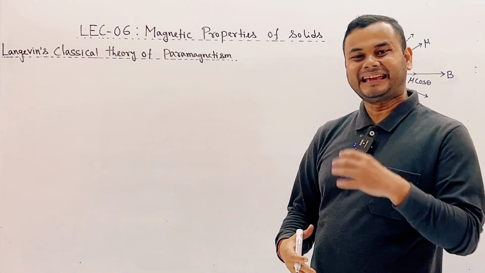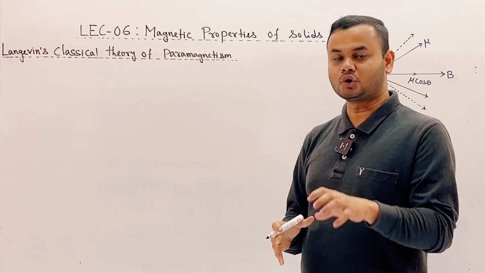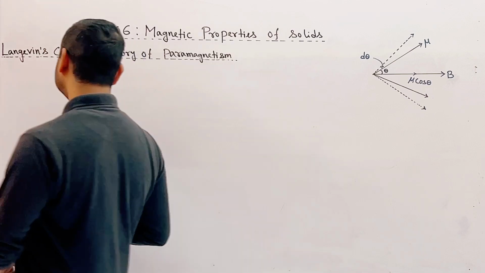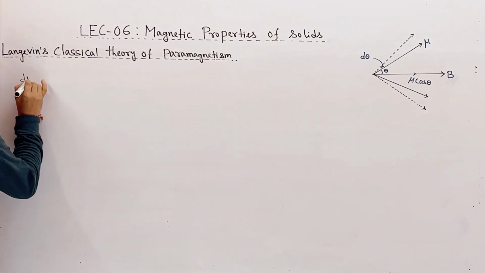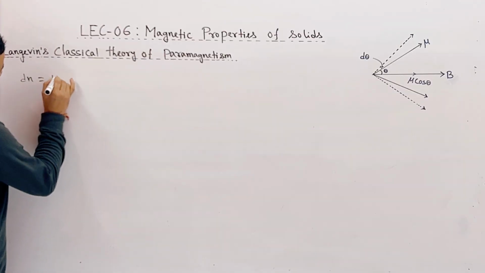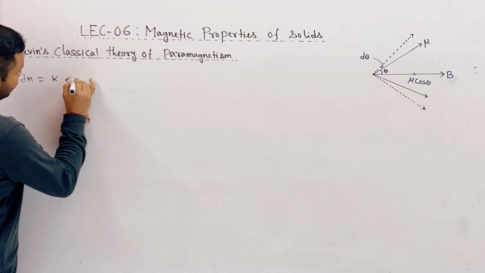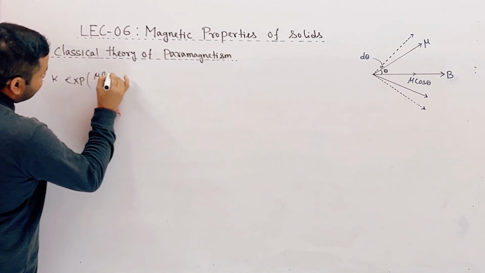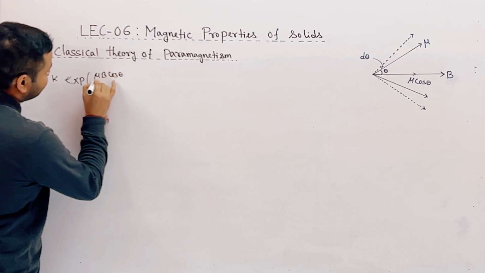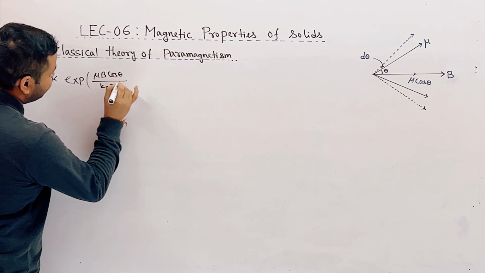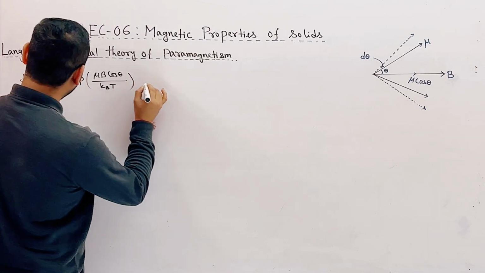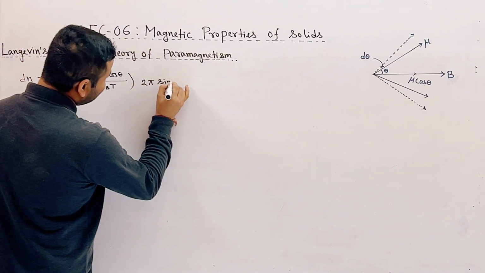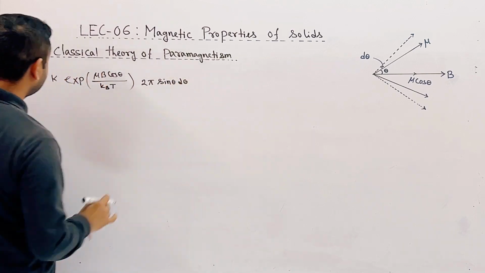So, in the previous section, we obtained the total number of magnetic dipoles lying within the solid angle d omega as dn is equal to k into exponential of mu B cos theta divided by kbT into 2 pi sin theta d theta.